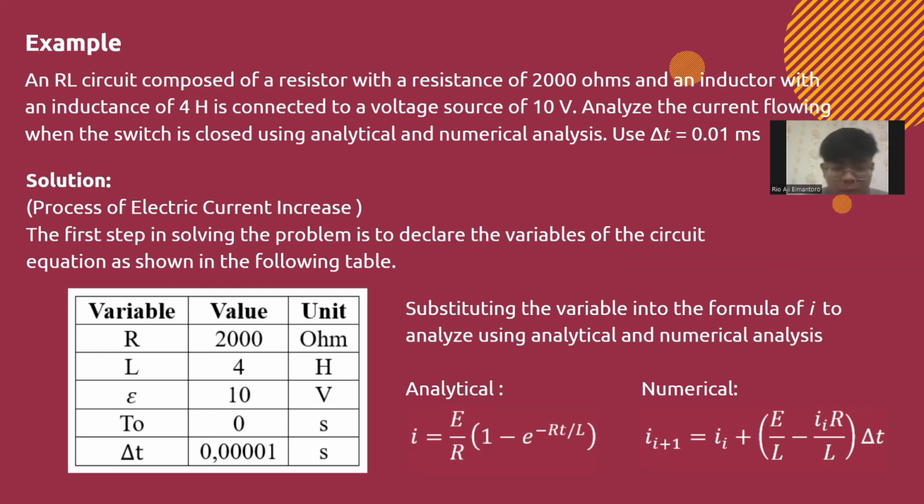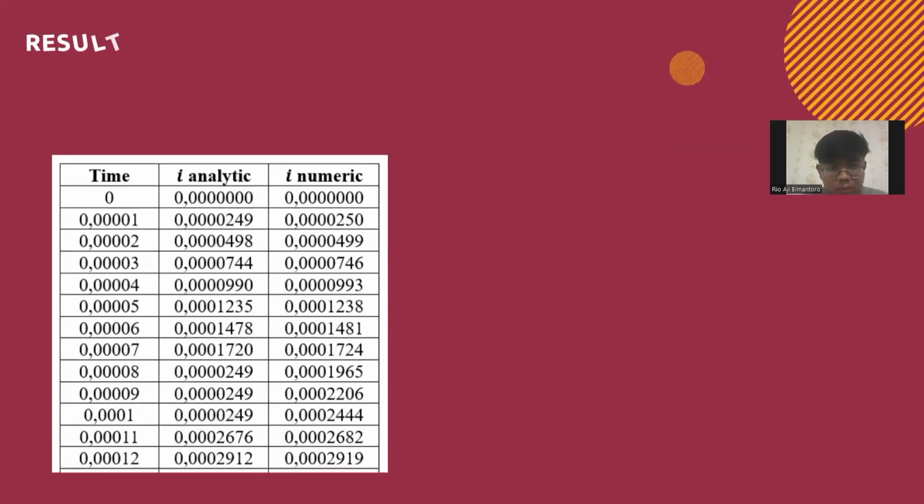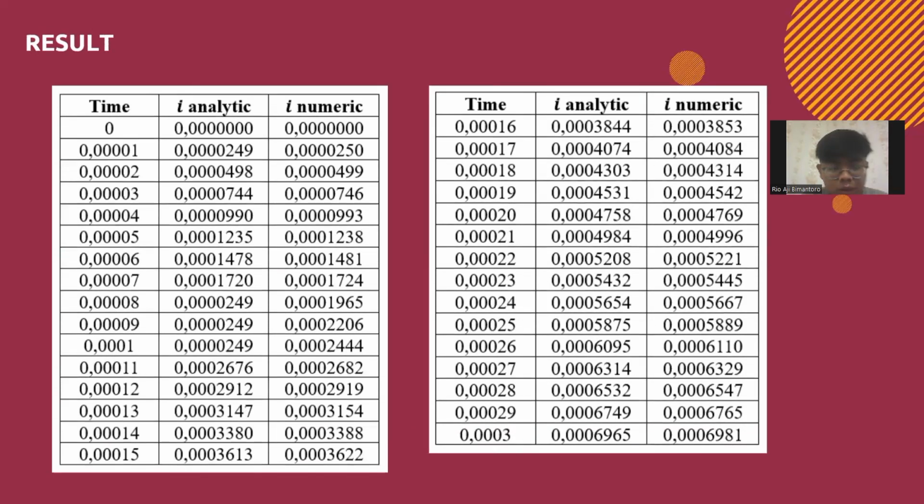Then next, we get the result by using Excel, and we can see that the I analytic and I numeric are not the same, but they are close enough. It's very close, the difference is less than 0.0001.